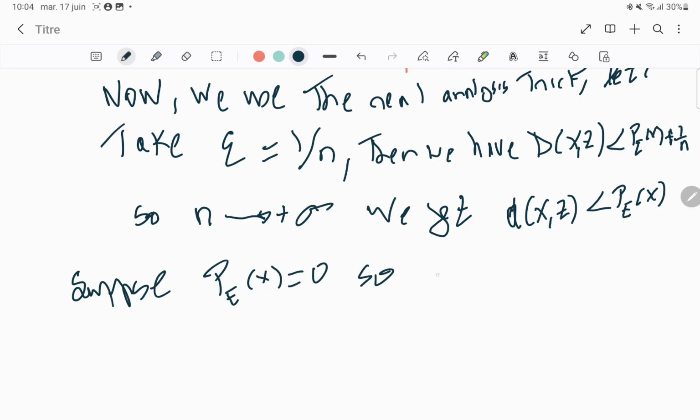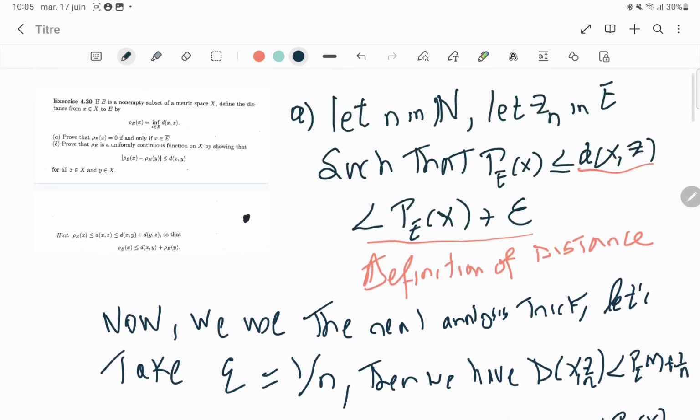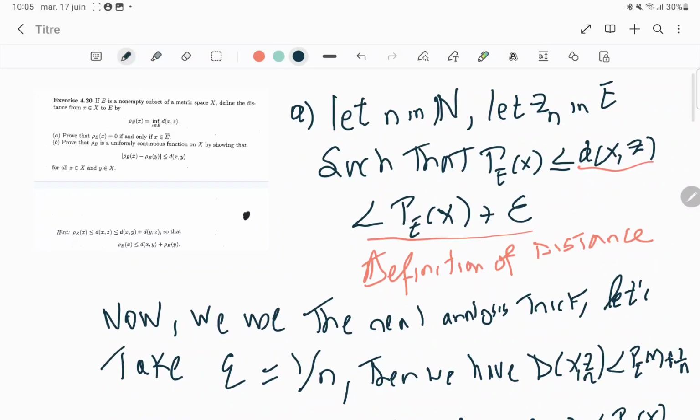So we get the distance d(x, z_n) goes to 0, so z_n goes to x when n goes to infinity. So that is the first way.